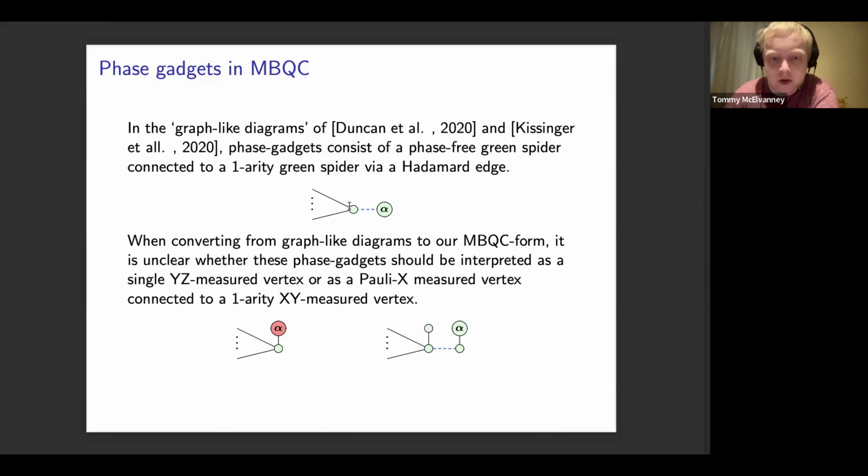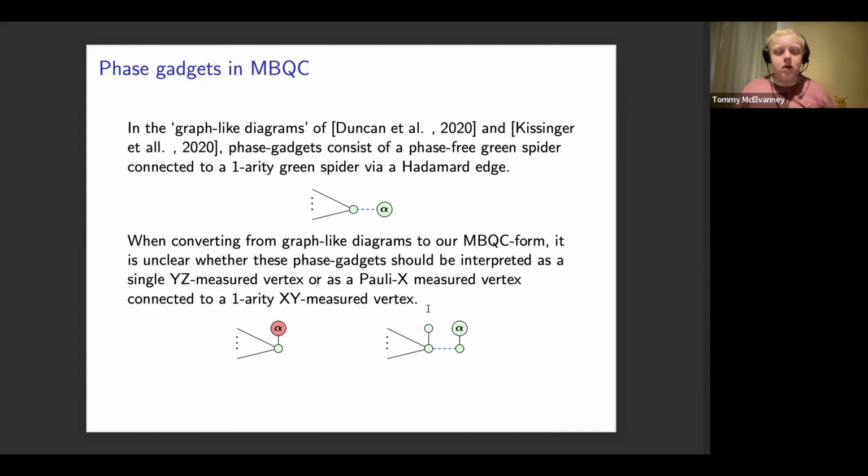So there are two choices of what we can do with this. We can apply the Hadamard on this wire to the alpha to get a red alpha, which is a YZ measured vertex, as seen on the left at the bottom. Or we can consider the vertex on the left to be an X measured vertex, and the measurement on the right to be an XY measured vertex, and we obtain the diagram on the right where we have two qubits.